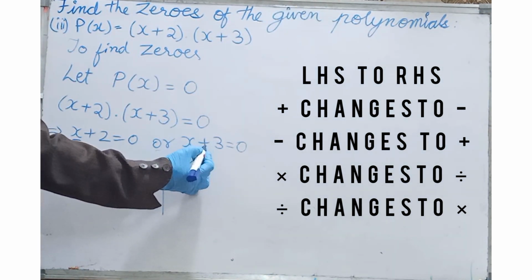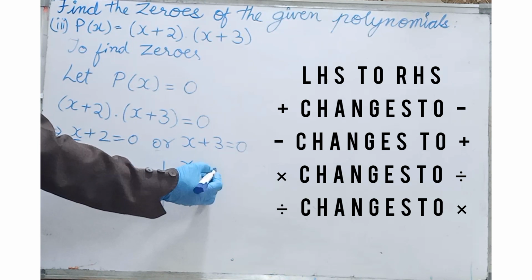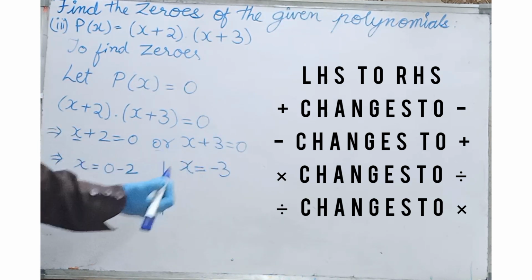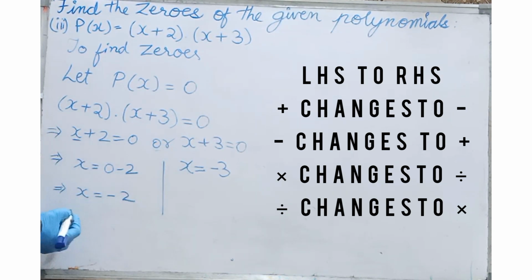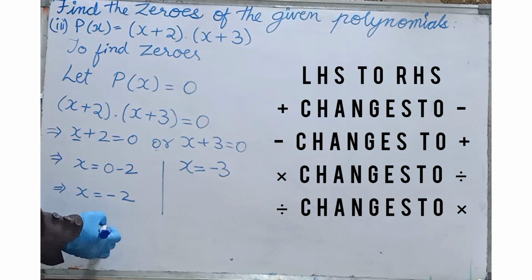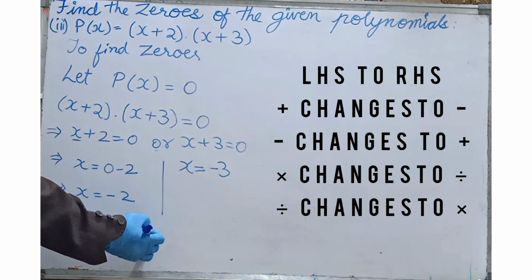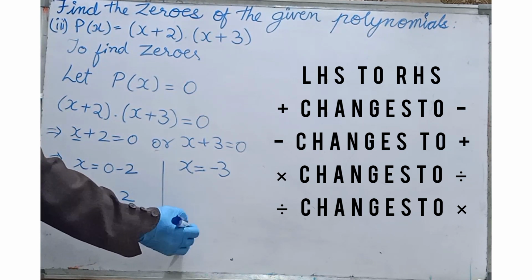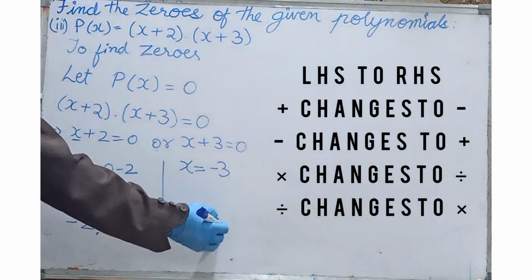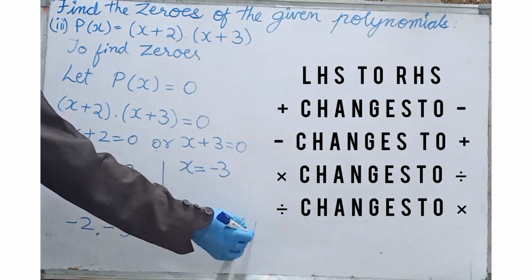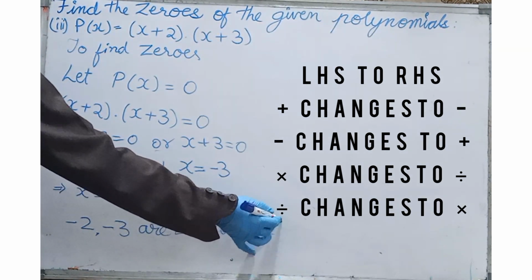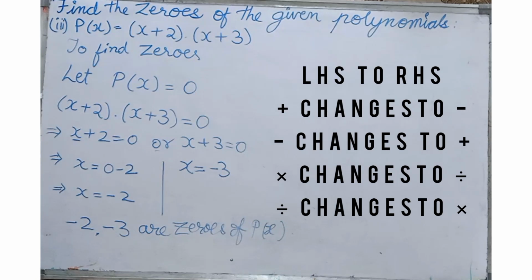X plus 3 equal to 0, so when it goes to RHS, it becomes minus 3. So the two zeros of the given polynomial are minus 2 and minus 3. These are the zeros of the polynomial p of x.